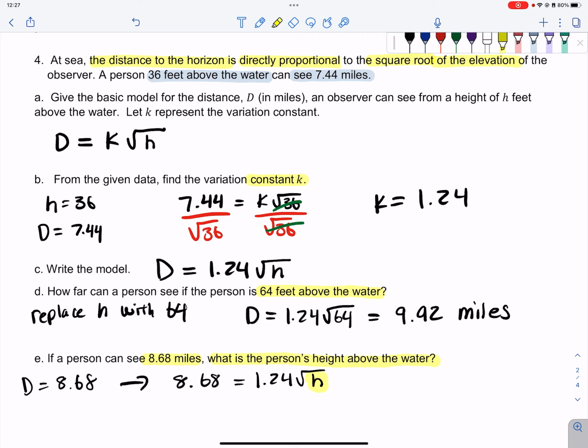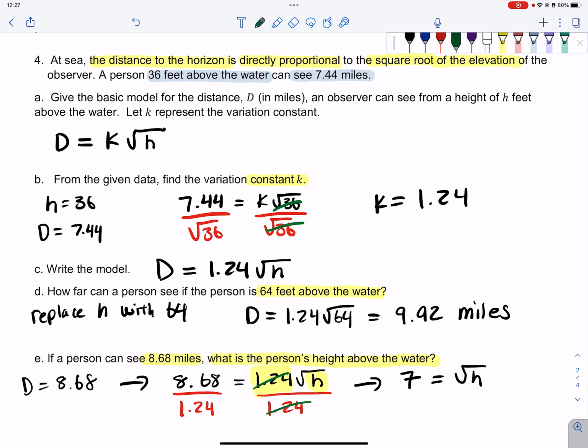So instead, I need to deal with the 1.24 because that is multiplication, which comes after our square roots. So let's divide both sides by 1.24. This then gives us that 8.68 divided by 1.24, that is 7, is equal to the square root of h.